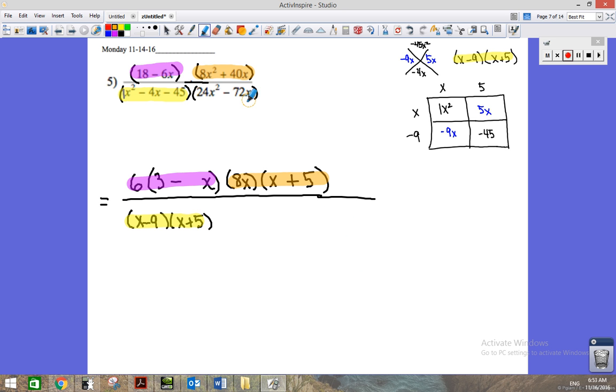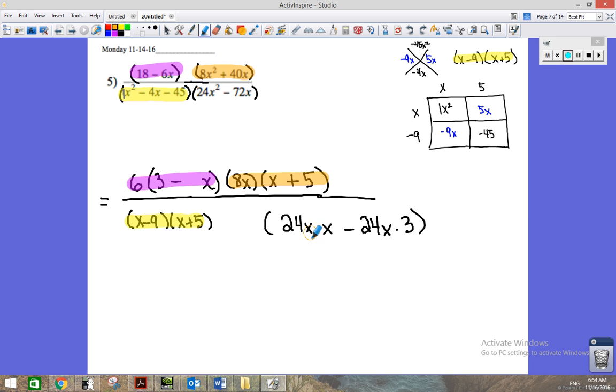So now we have one last binomial to do the same idea with. 24x squared and 72x. Is there a number that divides both of these? Yes, we can rewrite 24x squared as 24x times x. And this 72x, we can rewrite it as 24x times 3.